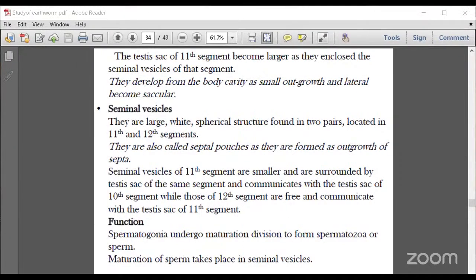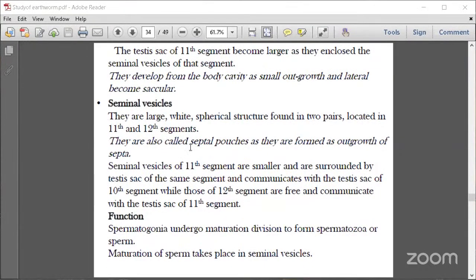And the seminal vesicles are large, wide, spherical structures found in two pairs located in the 11th and 12th segments. They are also called septal pouches. They are formed as outgrowths of the septum.